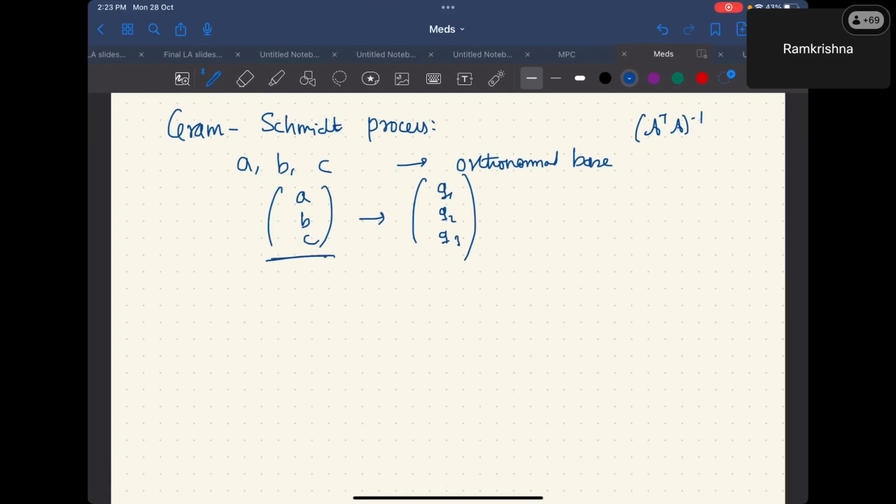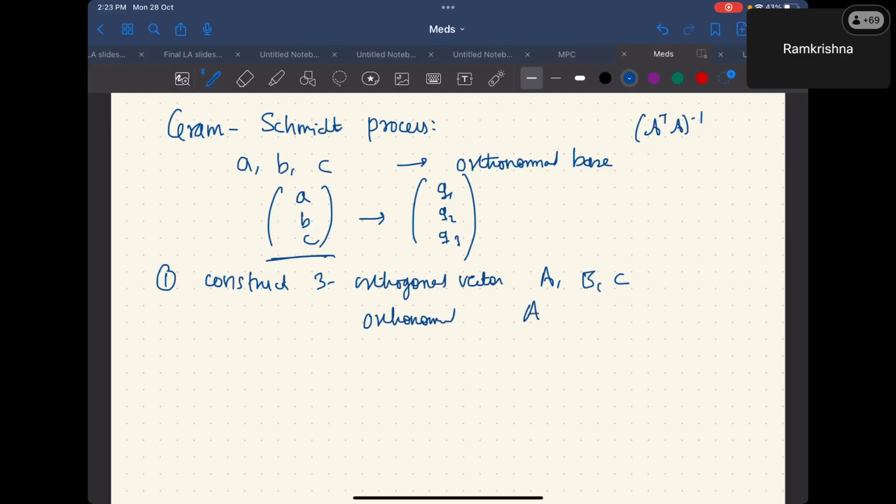And we want to construct 3 orthogonal vectors. Okay, when I have 3 orthogonal vectors A, B, and C, how do I make this orthonormal?